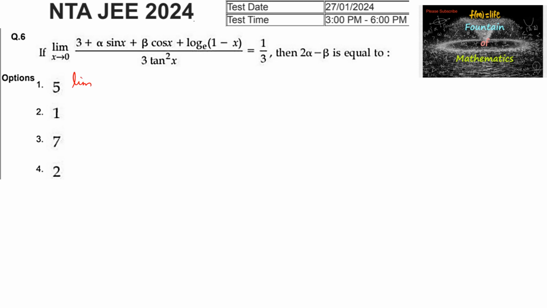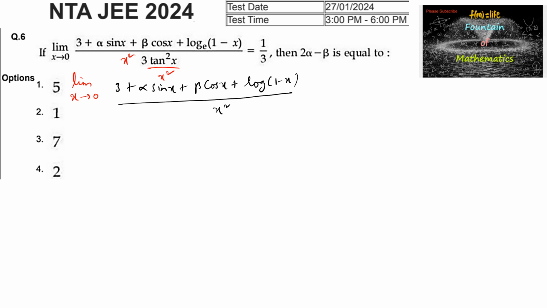So let us multiply and divide with x square in the denominator, so that we can write the limit as x tends to 0 of (3 + alpha sin x + beta cos x + log(1 - x)) upon x square, or 3x square, into 1 upon the limit as x tends to 0 of (tan x upon x) whole square.